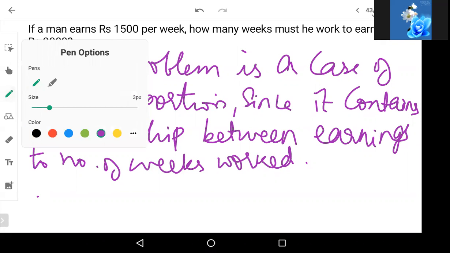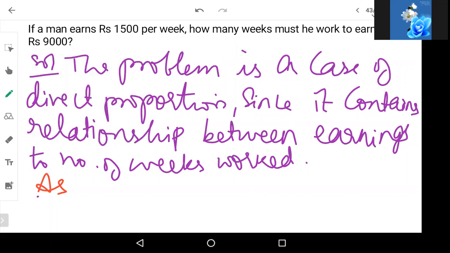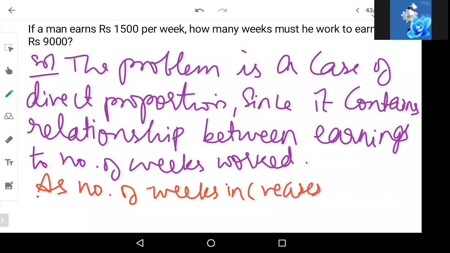As the number of weeks increases, earnings also increase.